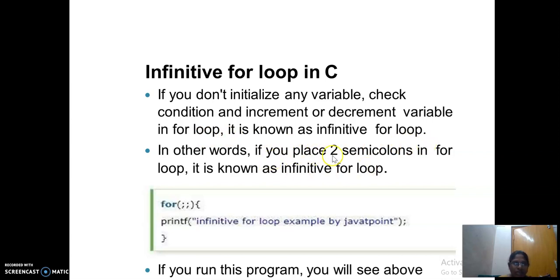In other words, if you place two semicolons in a for loop, it is known as an infinite for loop. If you run this program, you will see the above statements infinite times. That means all the printf statements or whatever statements are enclosed within the flower brackets will be repeatedly printed on the screen. That is, it leads to an infinite loop.